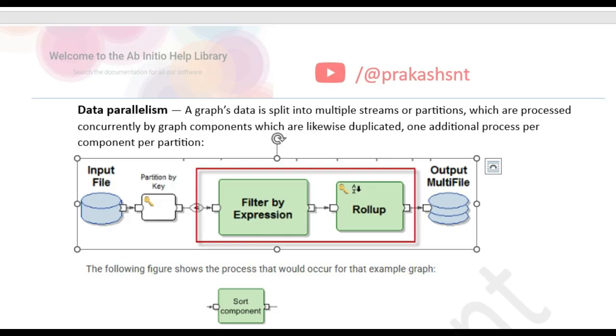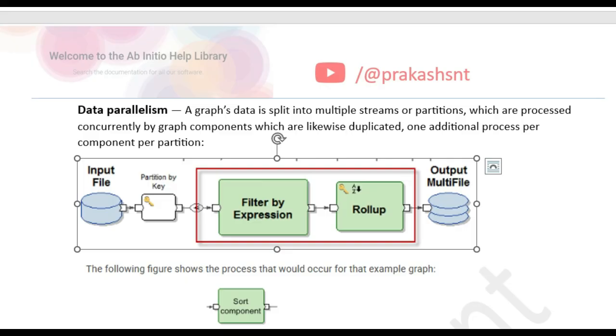In this example, I have one input file, a serial file, and I'm doing partition by key, which means it splits the data into multiple files. The partition can be 3-way, 4-way, 2-way, however many you want. Suppose I have 1000 records in the one input file, and I'm doing a 3-way partition.